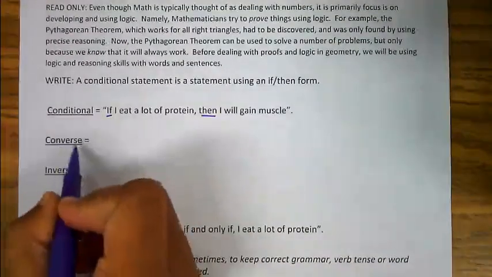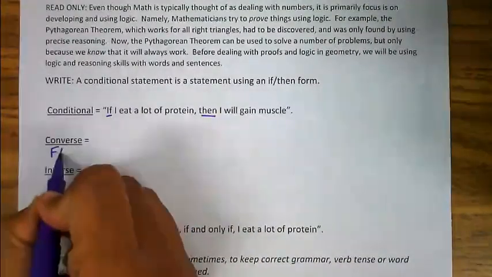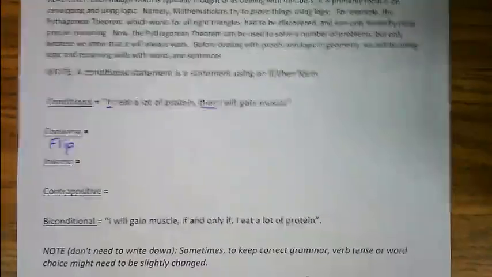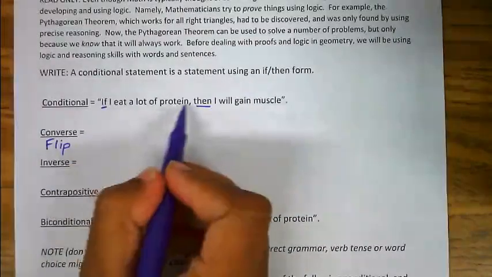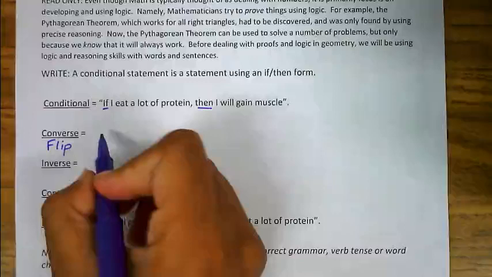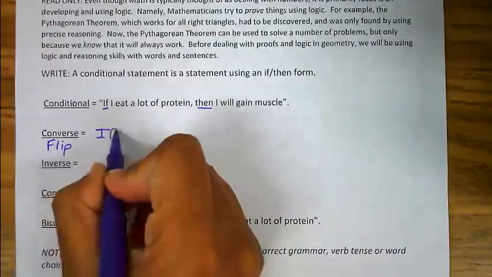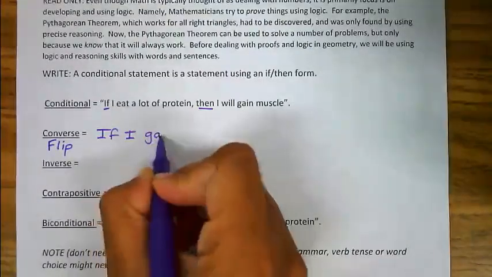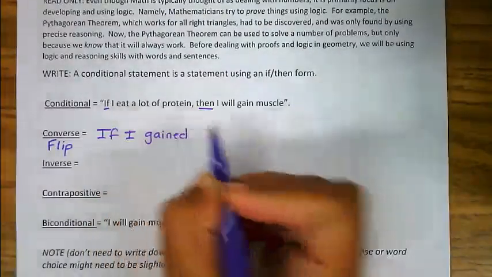When you make it a converse, you're going to flip it. So write the word flip under converse. So we're just going to flip this part with that part. Okay? So we're going to write, if I gained, and we're going to put it in past tense so that it makes more sense.